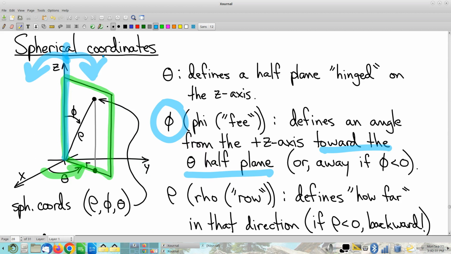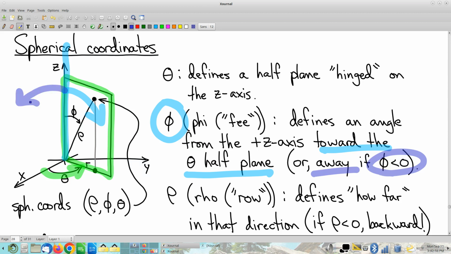No. It is defined as an angle measured into that theta half plane specifically. That's for positive values. If you have a negative value of phi, well, as you might expect, you just rotate the opposite direction, exactly away from the theta half plane.